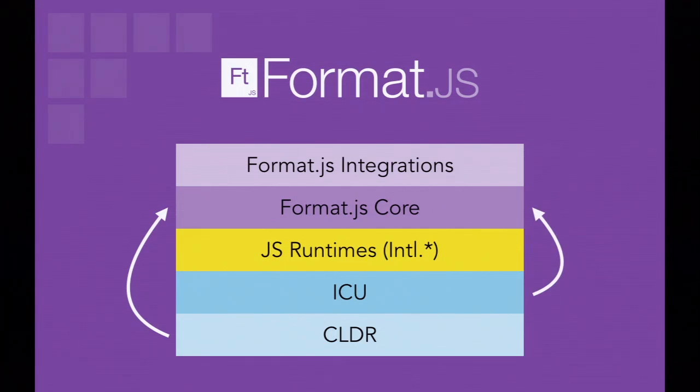We're also leveraging the fact that the ICU message syntax, the syntax the ICU project came up with for defining messages, has become more or less standardized within the industry. We're leveraging that in our message formatting implementation. So we're really trying to build on top of these industry standards.